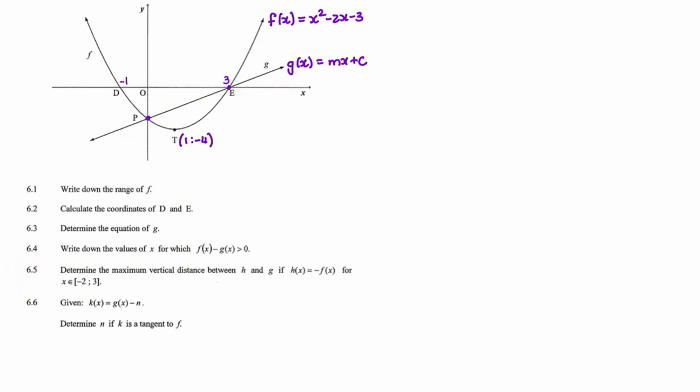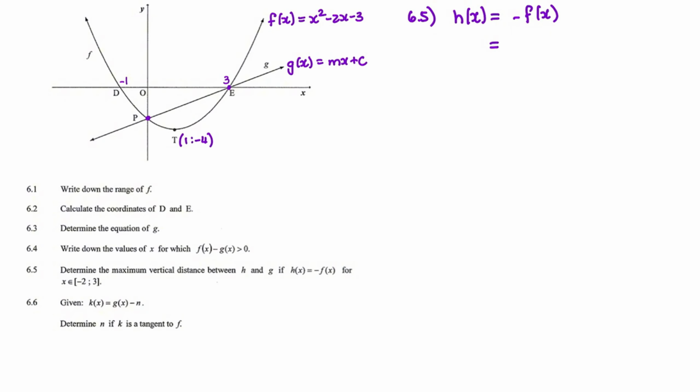6.5. Determine the maximum vertical distance between h and g if h(x) = -f(x) for x between -2 and 3. For 6.5, what I would like to do is first find the equation of h(x), and that's simply negative f(x).